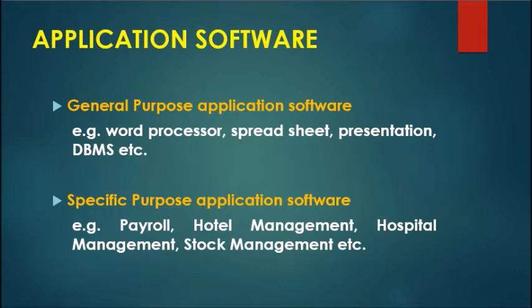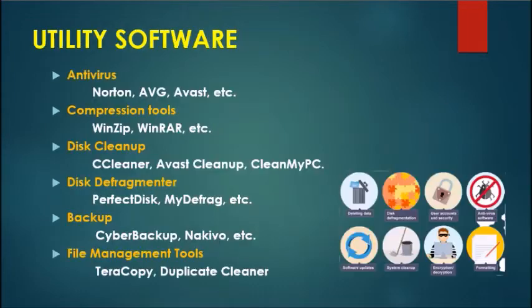Other examples of special purpose application software are payroll system, hotel management system, hospital management system, stock management system, etc. Unlike general purpose application software that are designed to carry out common tasks, the specific purpose application software are developed by the programmers to perform only specific tasks.